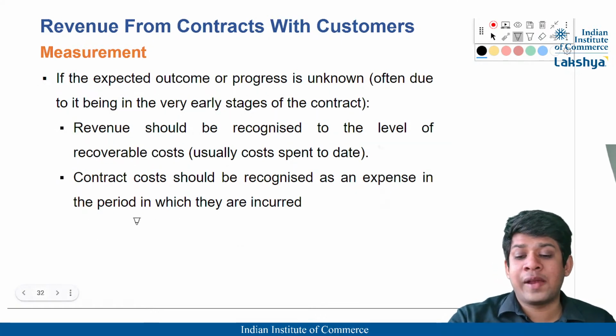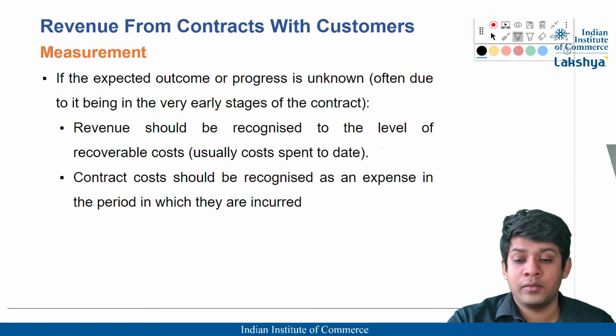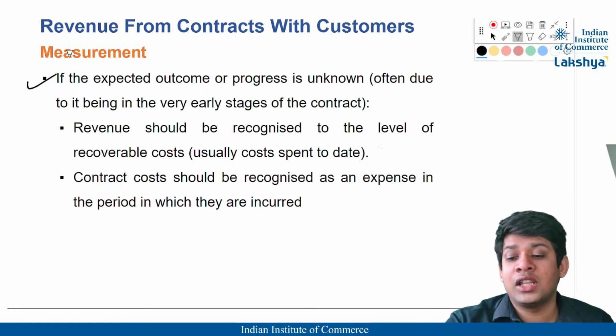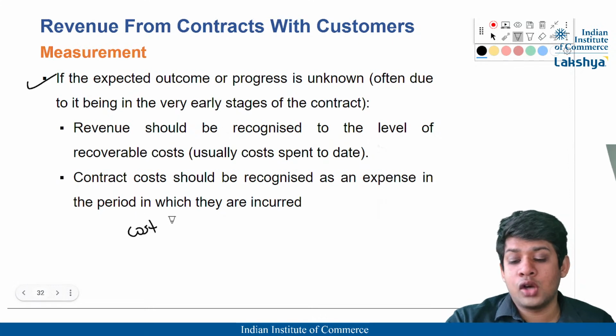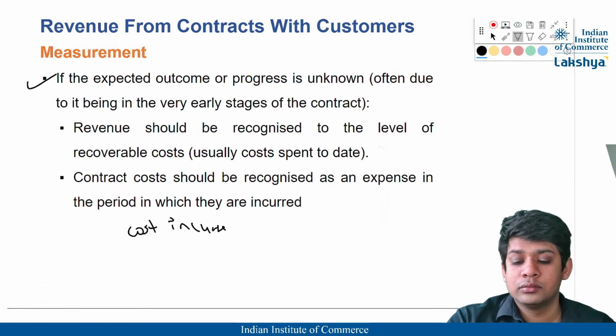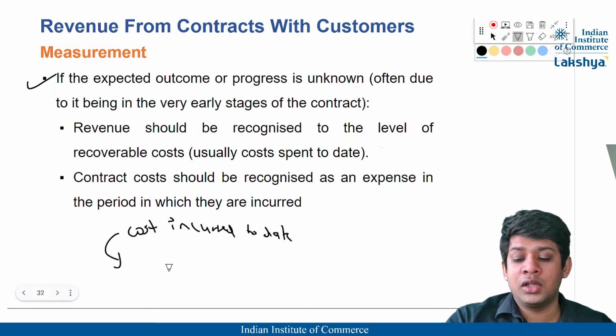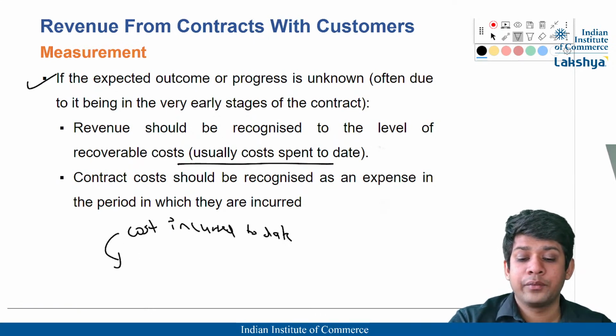Initially, if I'm at a very early stage of the contract, I won't know the progress, but I will not enter into the contract if the outcome is not profitable to me, right? So initially I'll always assume that the outcome is profitable. So whatever costs I've incurred to date are going to be recoverable in the future, so those can be recognized as my revenue.